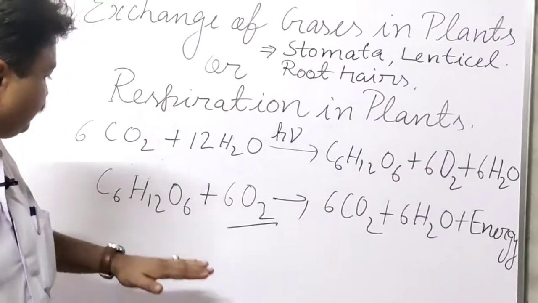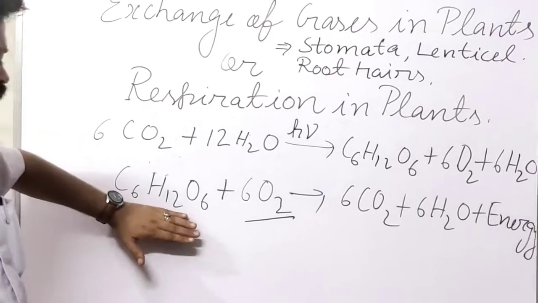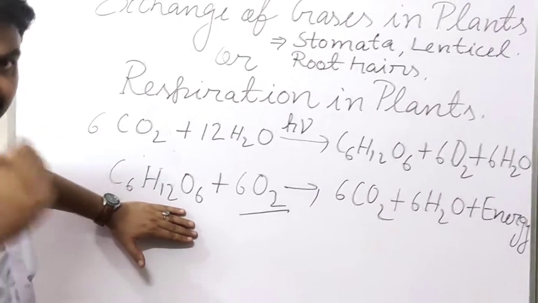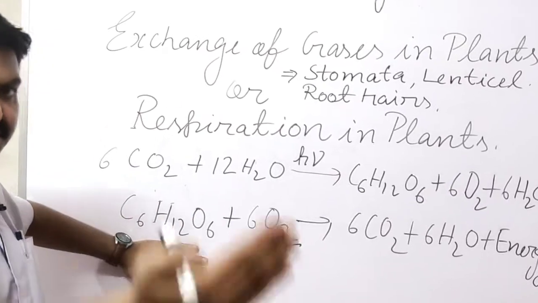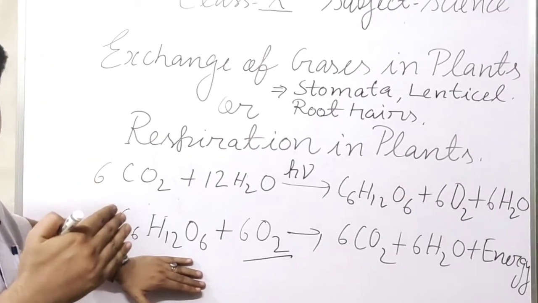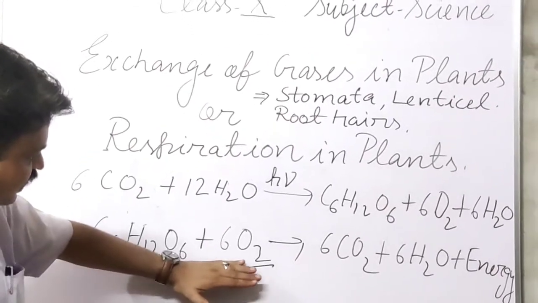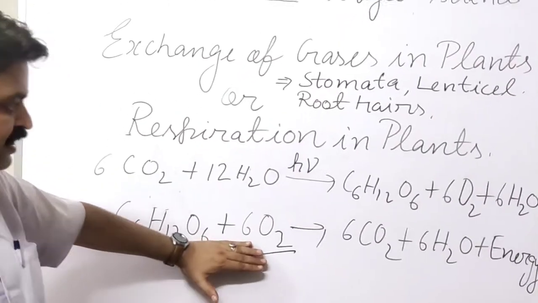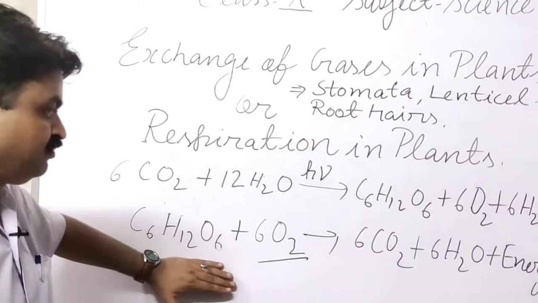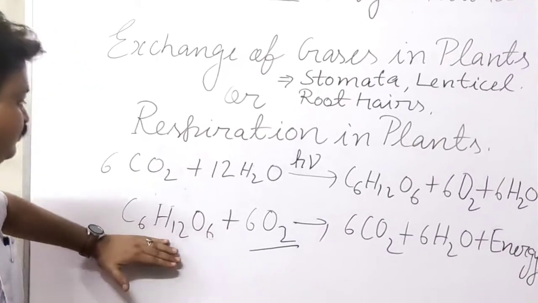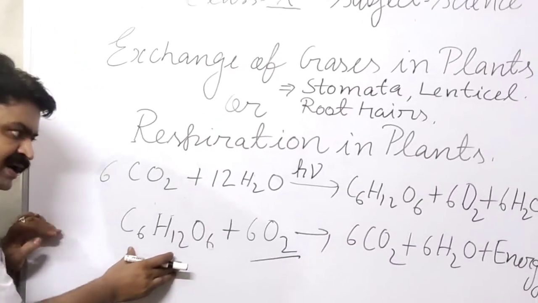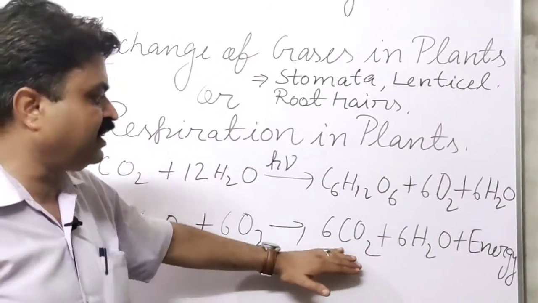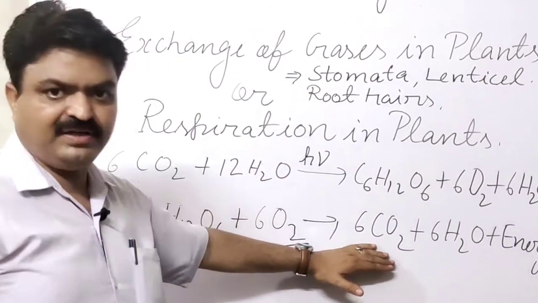Like here, when the plants need oxygen, at that time they have less oxygen, that's why they take it from the outer environment, and that outer environment provides them the oxygen. That oxygen is used to oxidize the glucose, the plants get the energy, and in this process carbon dioxide is released.